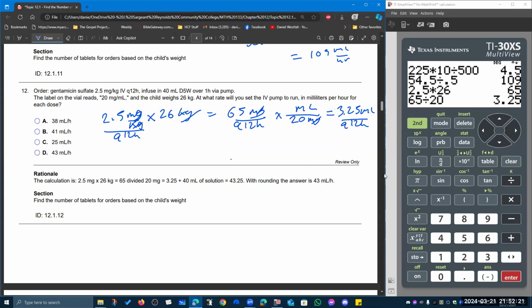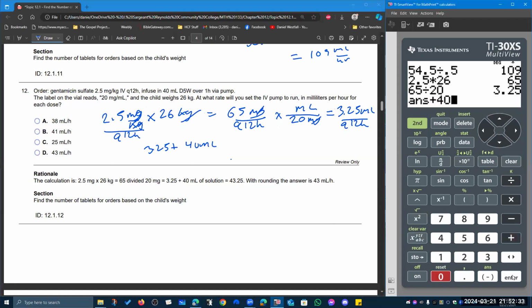And that 3.25 gets added to the 40 milliliters of D5W, gives me 43.25 milliliters.